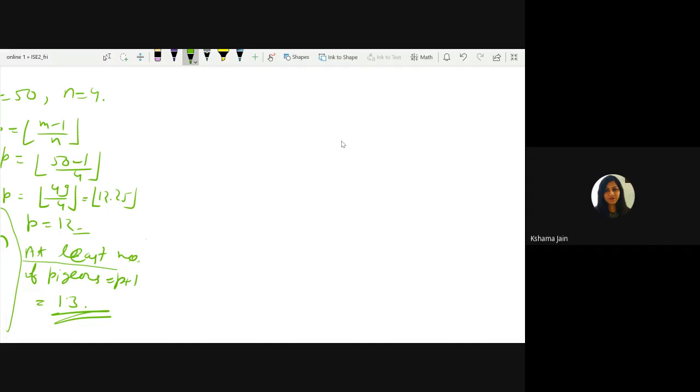If M pigeons occupy N pigeonholes and M is greater than N, one condition is that M is greater than N, then two or more pigeons occupy the same pigeonhole.